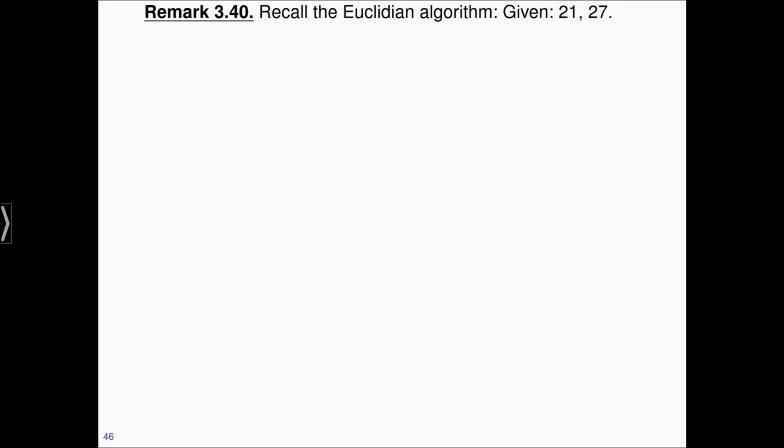So here's the first example. Given the numbers 21 and 27, find the greatest common divisor using the Euclidean algorithm. The algorithm goes as follows. Take the larger number and represent it as a multiple of the smaller number. The multiple here is 1, plus a remainder. Then take this smaller number, the 21 in this case, and represent it with the help of the remainder.